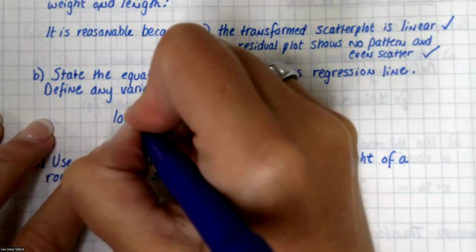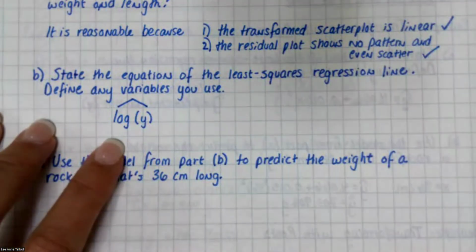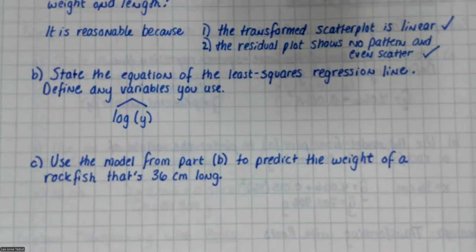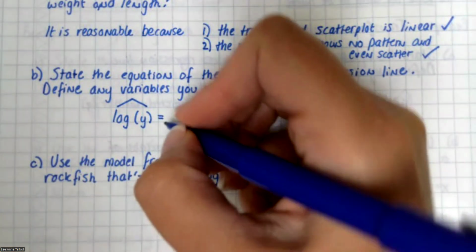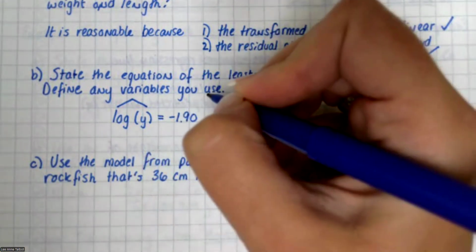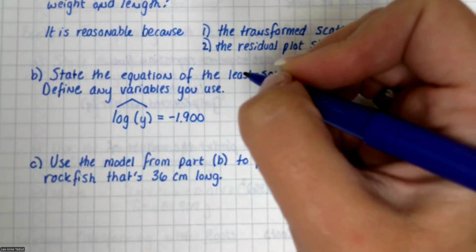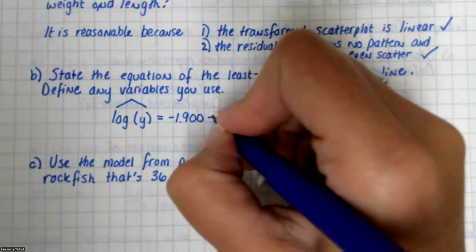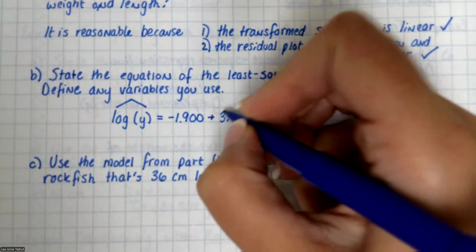So log of y hat, and I double checked myself in the book, the hat goes over the whole thing, equals a is negative 1.900 plus b is 3.049.